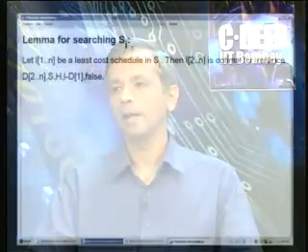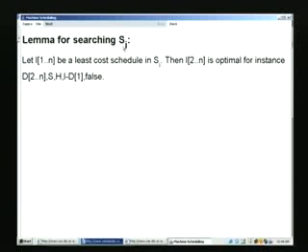See that the last component, the machine status, is false because S sub I consists of schedules in which the machine is off on day 1, therefore this is false, and the original inventory was I, but on day 1 we delivered something without producing, so the new inventory is I minus d1. So this is the residual instance, and this lemma claims that I2 through n must be optimal for this residual instance.